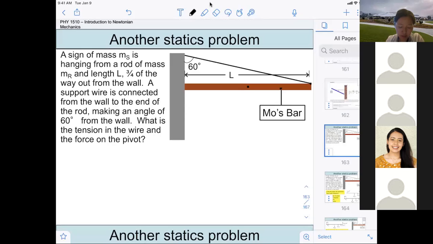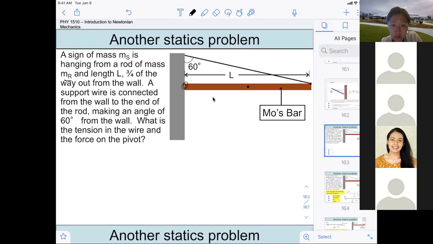And the mass of the rod is given as M_R. So what is the tension in the wire and the force of the pivot? So this is the pivot. You can see that it's slightly modified, but pretty much exactly the same as before, right?